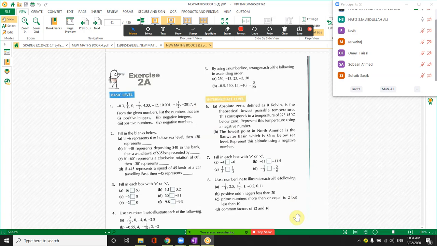So how can you draw it on a number line? How can we draw it on a number line, Bahaj? Bahaj, unmute yourself and tell me how we can draw these numbers on the number line.